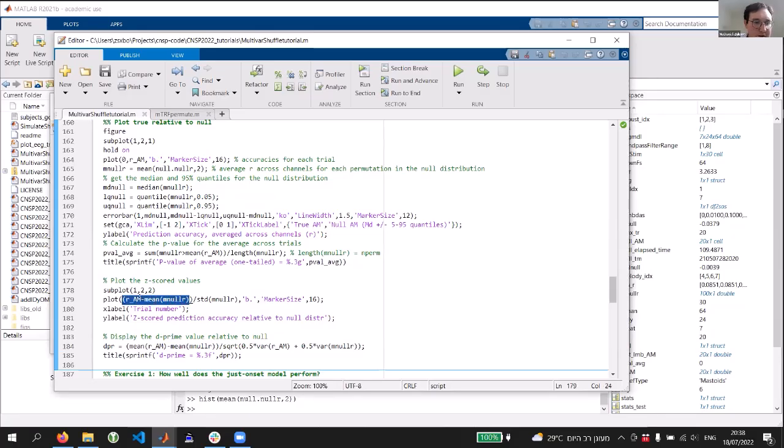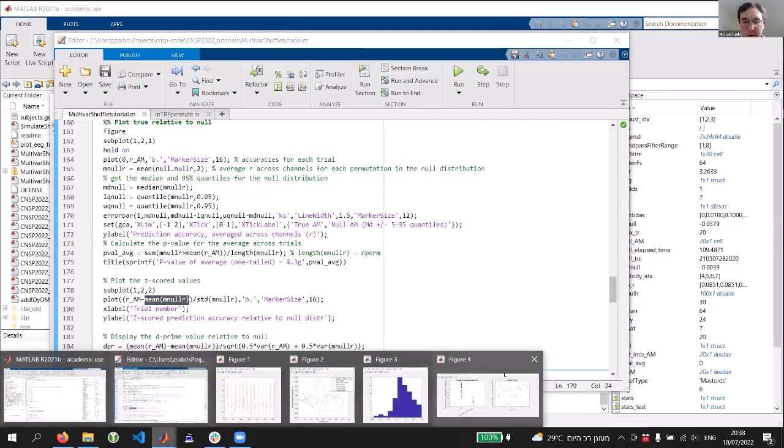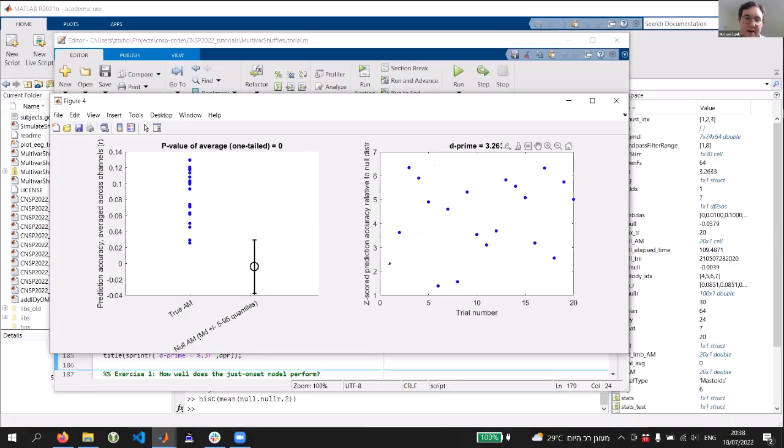These are the true values, r. I subtract the mean of the null distribution and divide by the standard deviation. So if it's 2, it's 2 standard deviations above the mean. You can see that most of the points fall that way. These 2 points are probably these ones here. And you can do that for every trial.